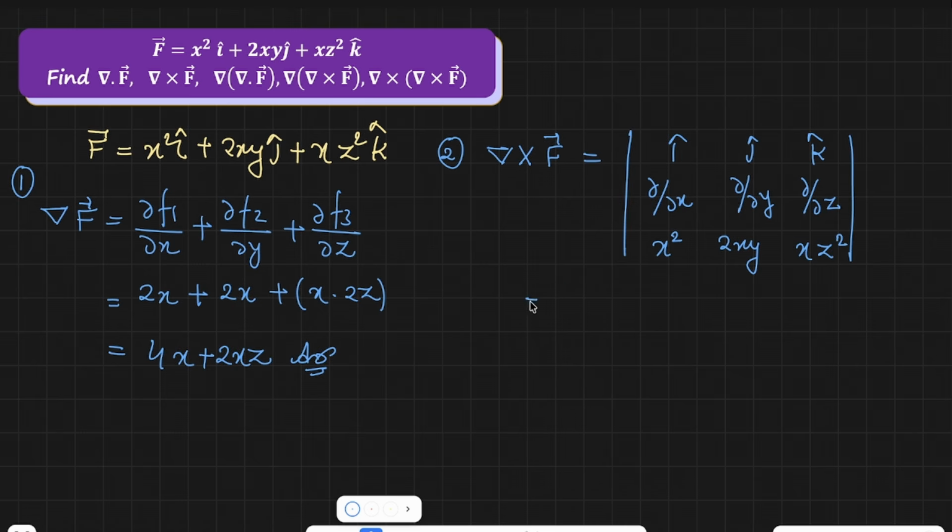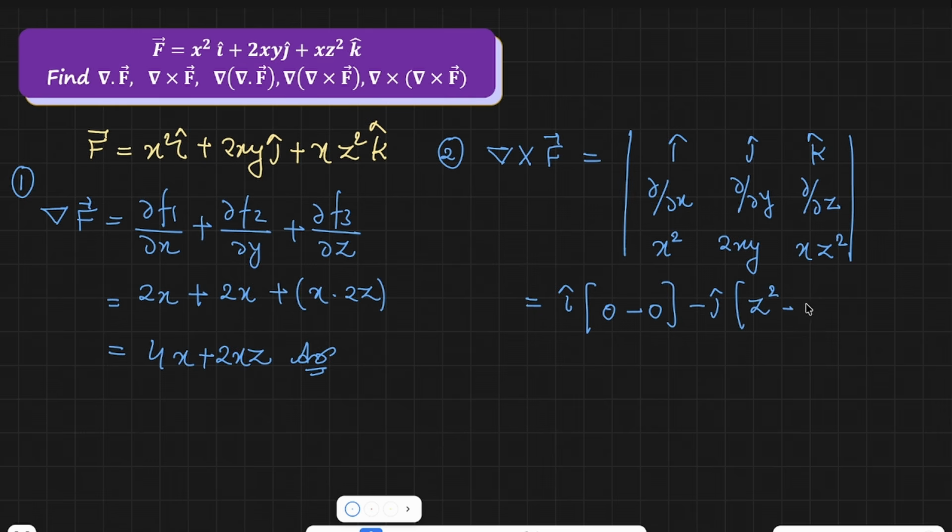Now solving the determinant, first is i cap. Remove this row and column, so that is basically the partial derivative of xz square with respect to y, which is 0, minus the partial derivative of 2xy with respect to z, and there is no z term, so 0. Then j: remove this row and this column, so the partial derivative of xz square with respect to x is z square.